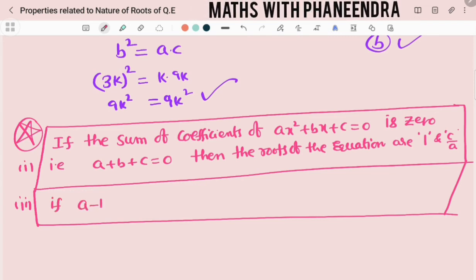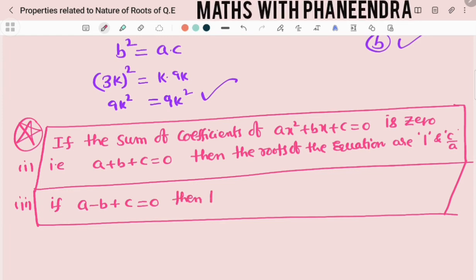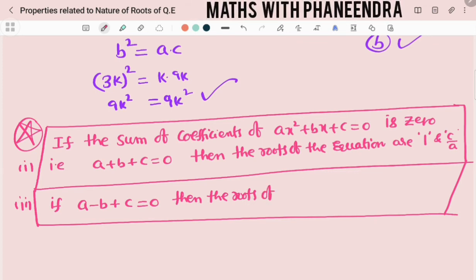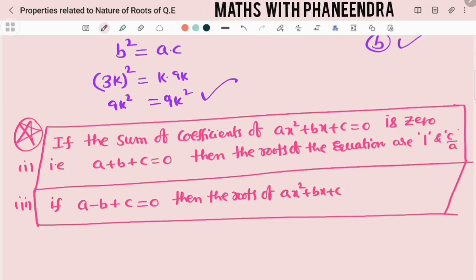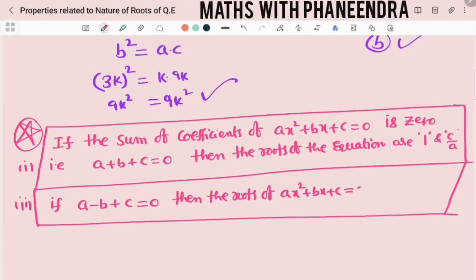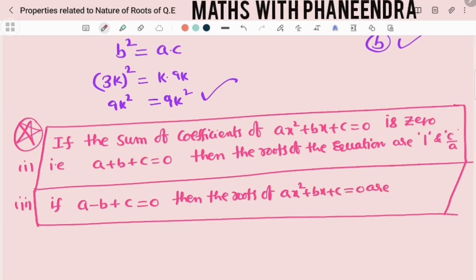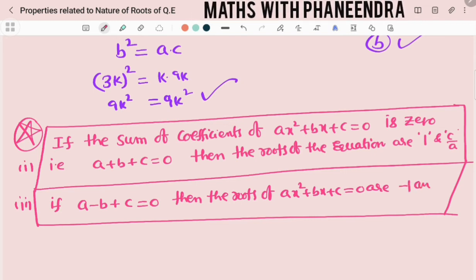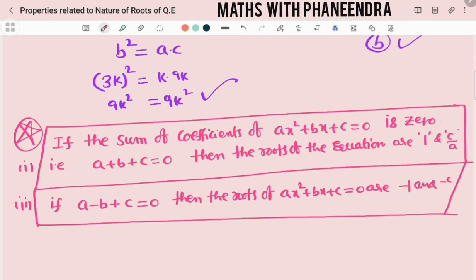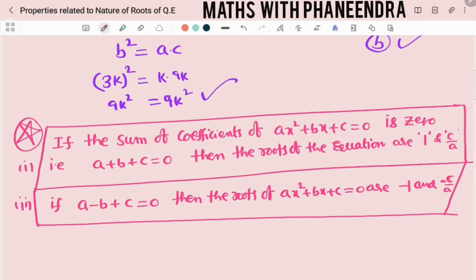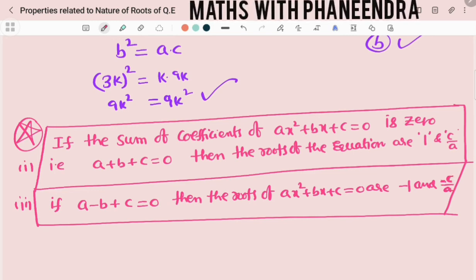If a minus b plus c is equal to 0, suppose a minus b plus c equal to 0, then the roots of ax square plus bx plus c equal to 0 are minus 1 and minus c by a.